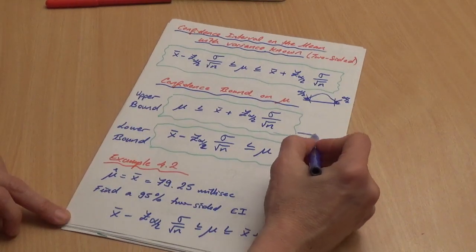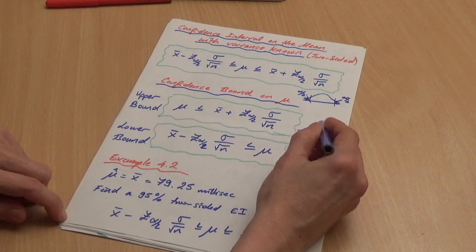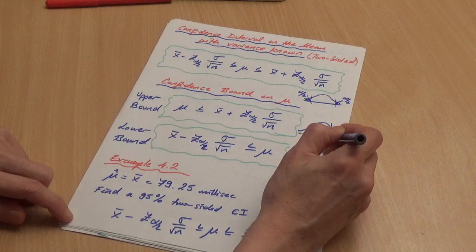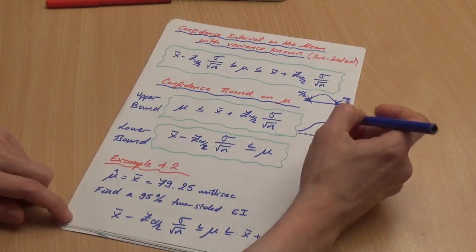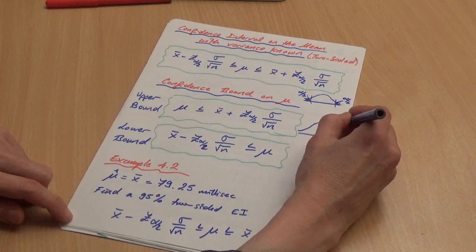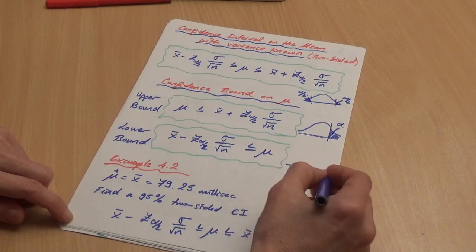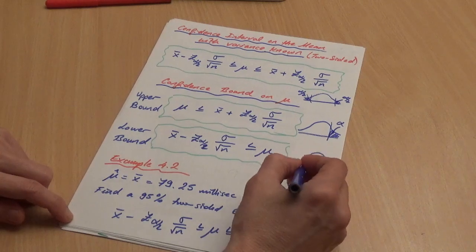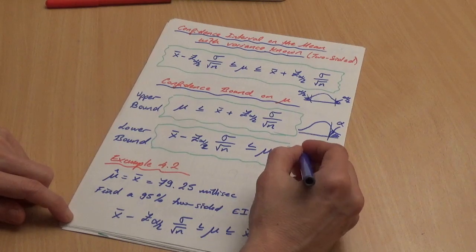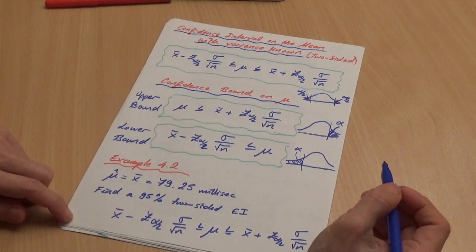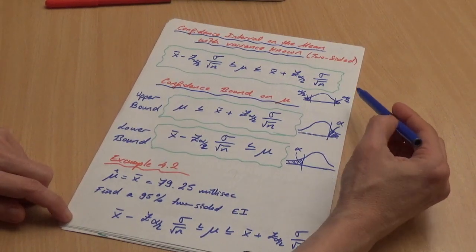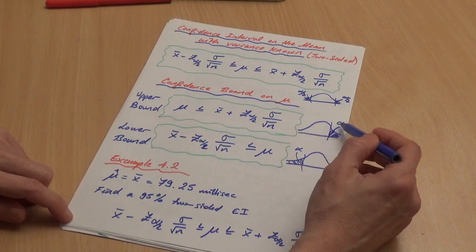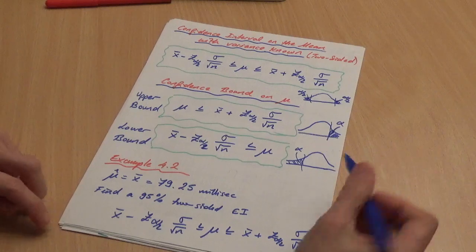If we want to draw the graphs for these, this would have an upper bound and this would be alpha, and for this one we will have a lower bound and that part would be alpha. So in calculations we need to be careful about when we take alpha over 2 and when we take alpha as the calculation value.